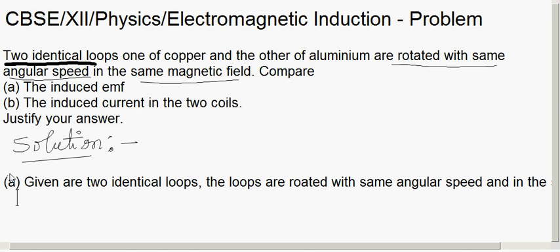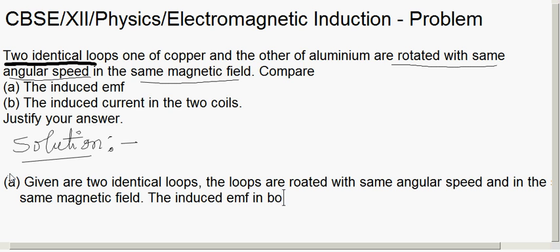Hence the induced EMF in both the loops will be same. Why? Because they are identical loops rotated with same angular speed and same magnetic field, and hence the change in flux linking both the coils will be same, and hence the induced EMF will be same.